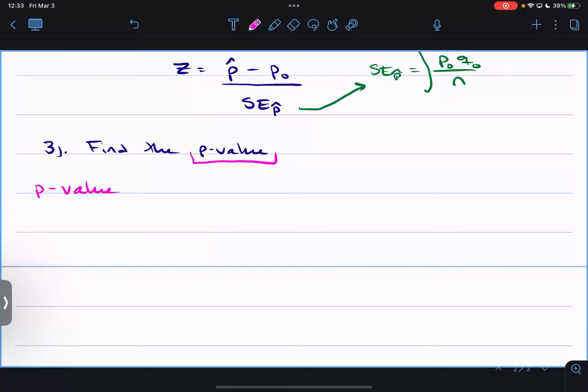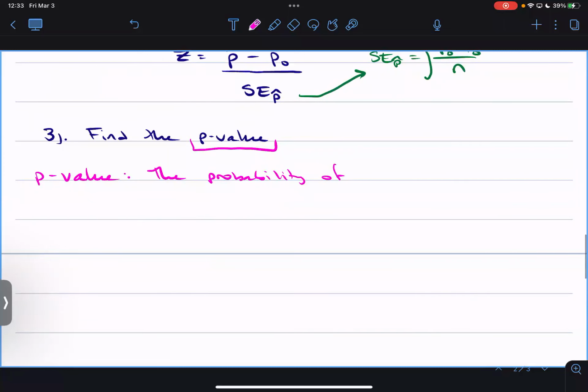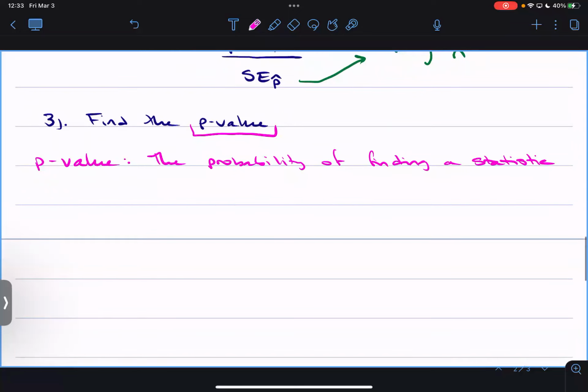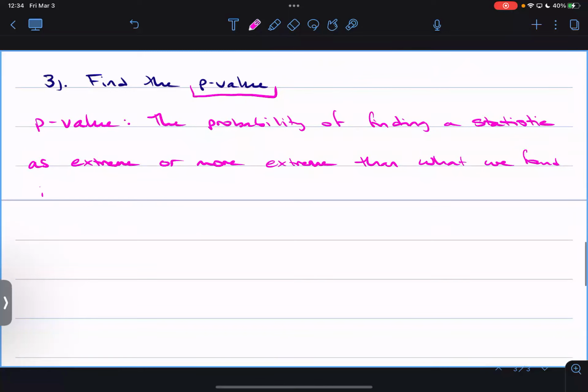All right, so the p-value, let's start there. The p-value is the probability of finding a statistic as extreme or more extreme than what we found in our sample, assuming the null hypothesis is true, assuming H naught is true.